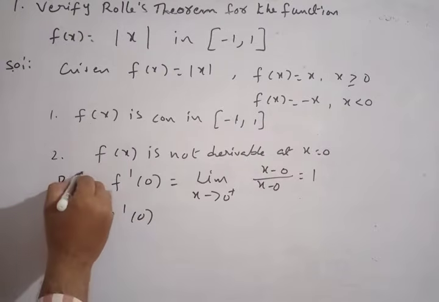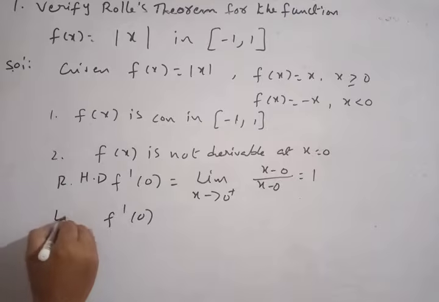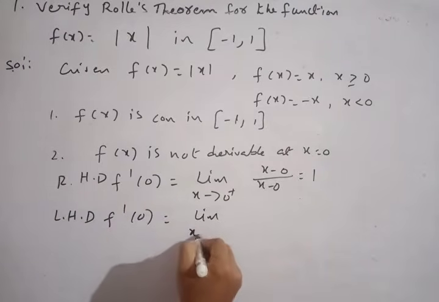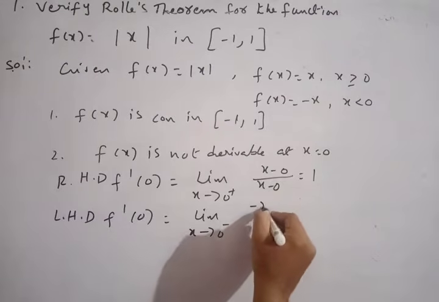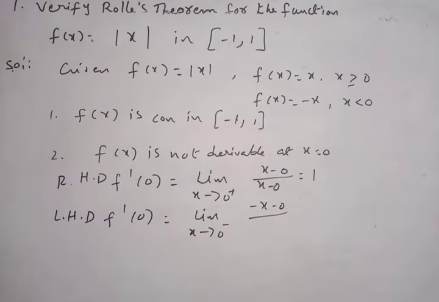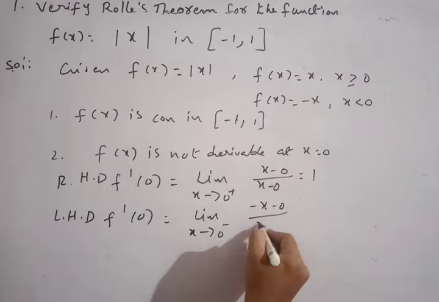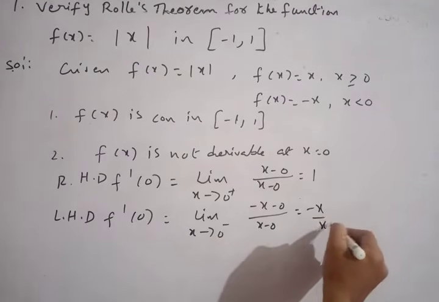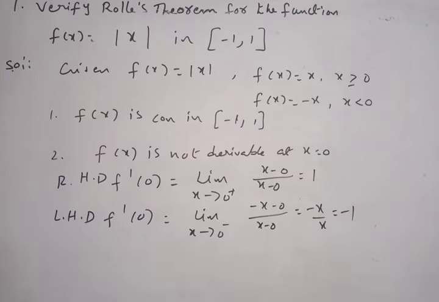That is the right hand side derivative. If it is the left hand side derivative, f'(0), the limit as x tends to 0 minus, you get (-x - 0)/(x - 0). So this gives you -x by x, that means -1.